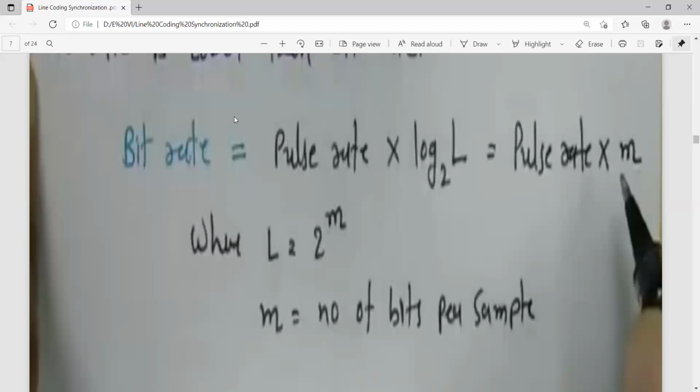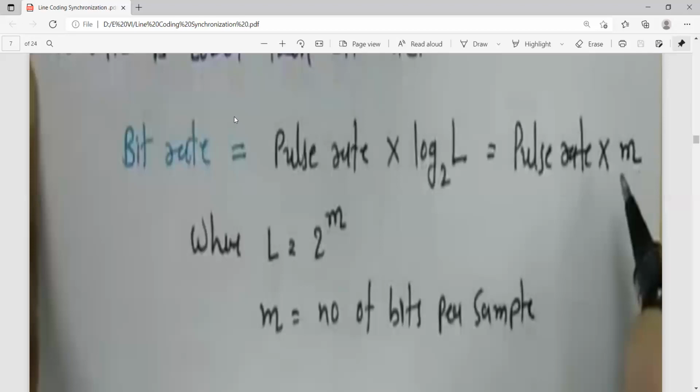If you substitute that, L is 2 to the power of m, where m is the number of bits per sample.